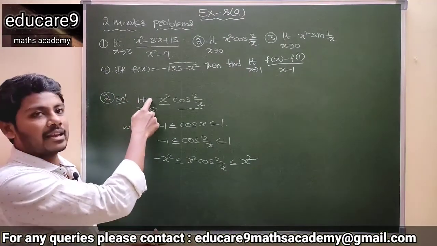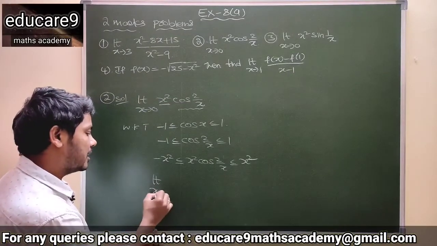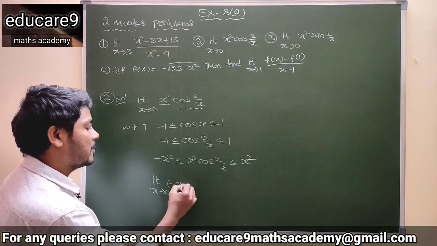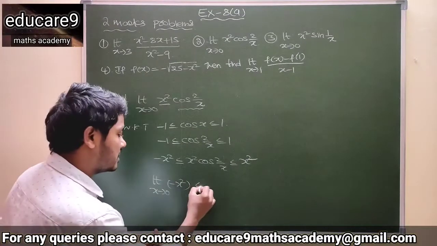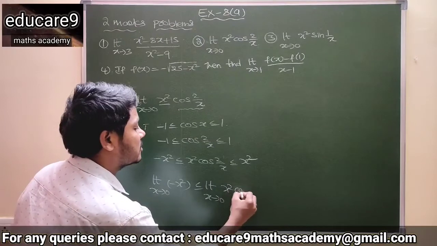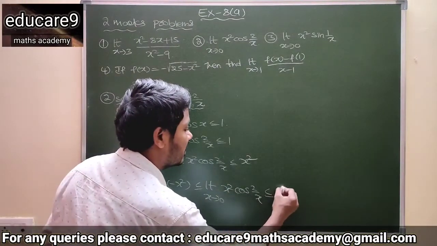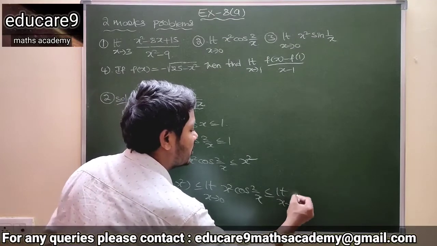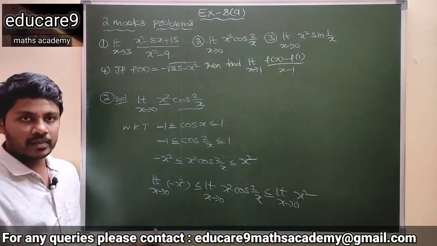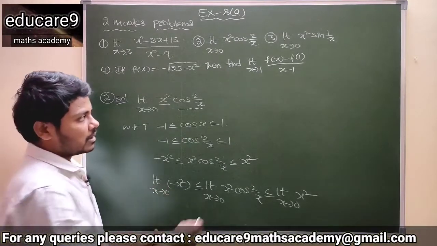Again the limit is there, so apply the limit on both sides. Limit x tends to 0 of minus x square is less than or equal to limit x tends to 0 of x square cos 2 by x is less than or equal to limit x tends to 0 of x square.